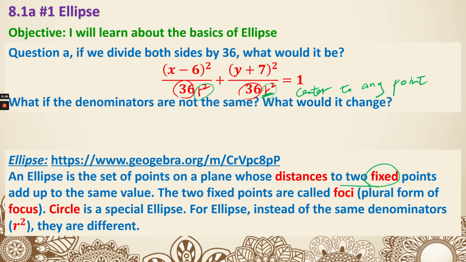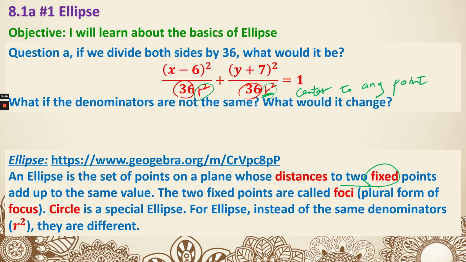So if you recall the definition for a circle, that would be to 1 fixed point is always the same. And that distance would be the radius. Here, 2 fixed points. The 2 fixed points are actually called the foci, which is the plural form of focus. So circle, in a way, is a very special ellipse. For ellipse, instead of the same denominator being r squared on both parts, they're actually different.